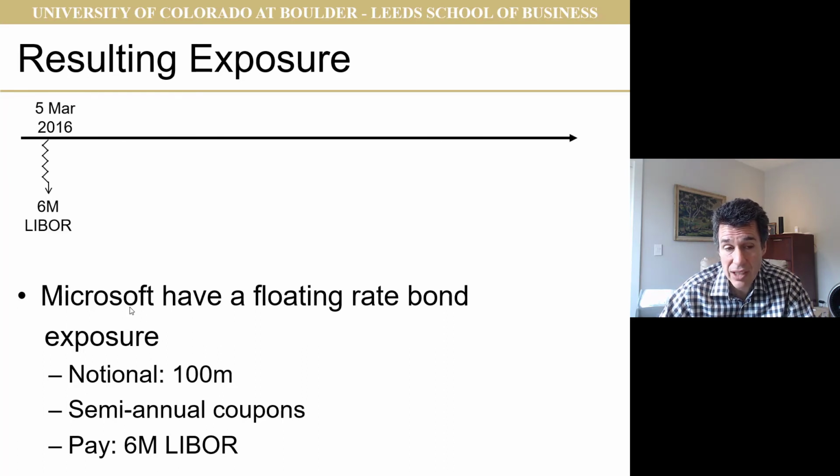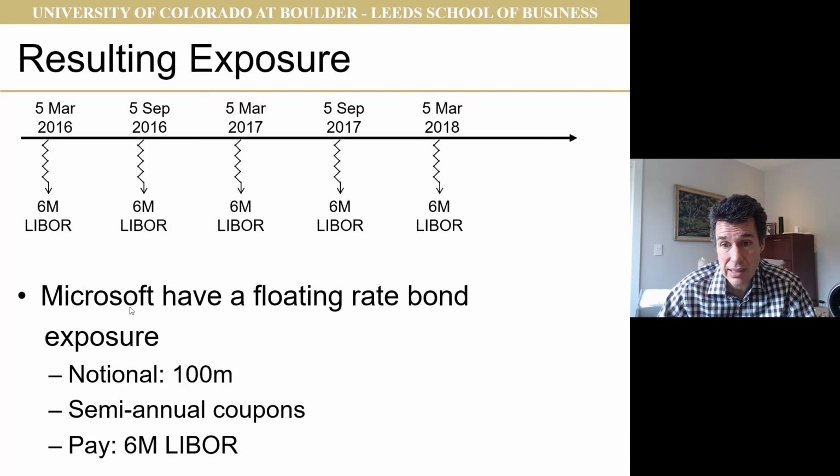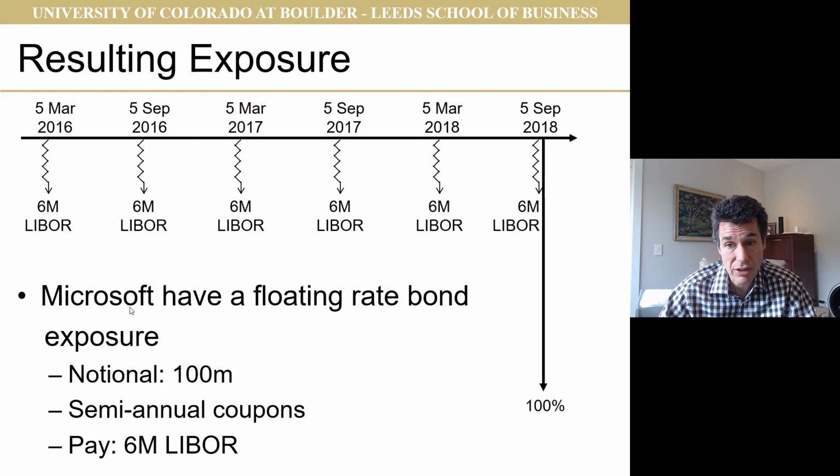The fixed cash flows net out, Microsoft is left paying floating rates. 6-month LIBOR every 6 months until the maturity of the trade. So basically through this swap, and we've totally stylized this to work, but through this interest rate swap, Microsoft have issued a fixed rate bond, they've entered into an interest rate swap, and now they've effectively issued a floating rate bond.